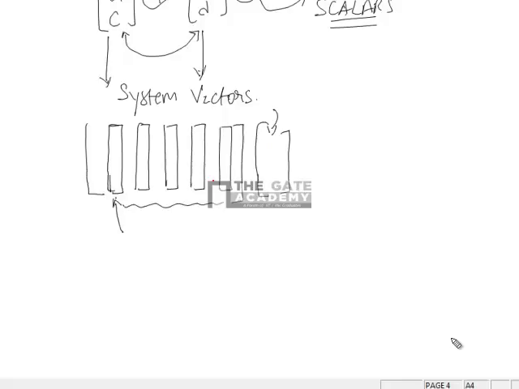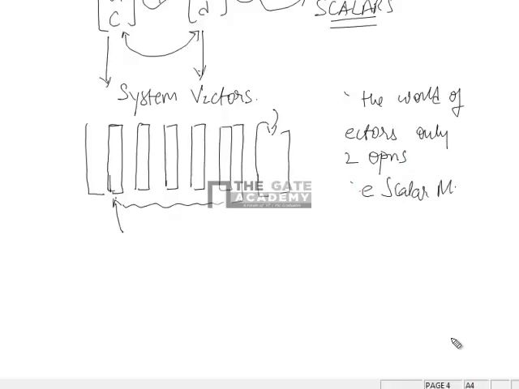So this is what I said: in the world of vectors, only two operations are possible. That is scalar multiplication and vector addition. Only two operations are possible.